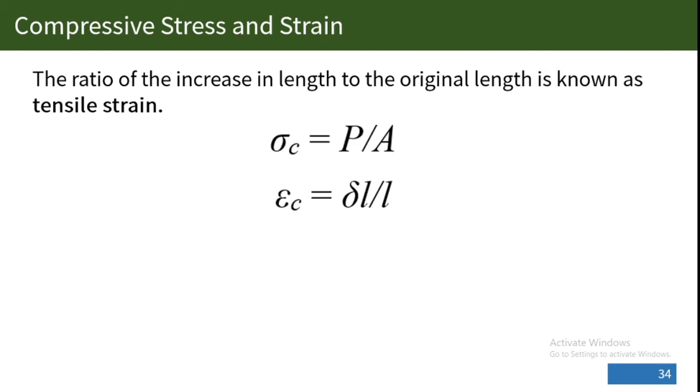So, the stress or the resistance of the body against this type of loading at any section of it is called compressive stress. The corresponding strain upon the application of those loads is called compressive strain.